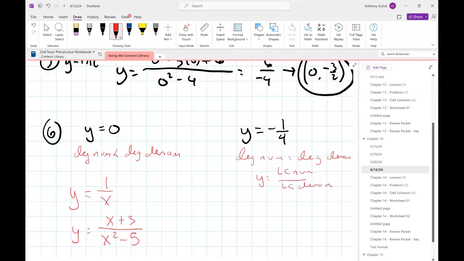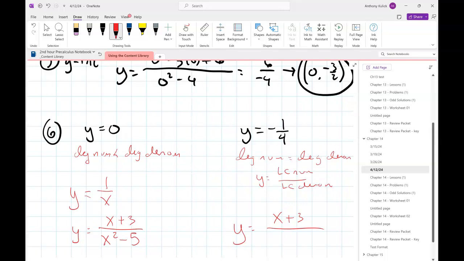So I need a rational function where the leading coefficient in the numerator is, what should it be? 1 or negative 1 would be the likely choices. So let's just do x plus 3. Since I picked positive 1 for the numerator, what does the leading coefficient in the denominator have to be? Negative 4.